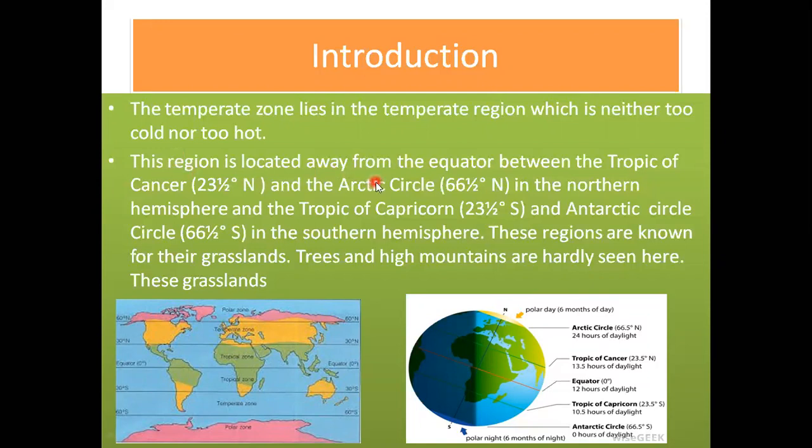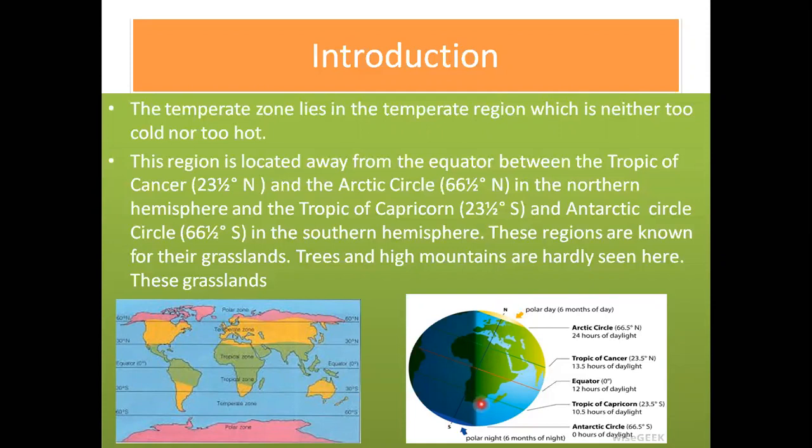This region is located away from the equator, between the Tropic of Cancer at 23.5 degrees north and the Arctic Circle at 66.5 degrees north in the northern hemisphere. In the southern hemisphere, it lies between the Tropic of Capricorn and the Antarctic Circle.